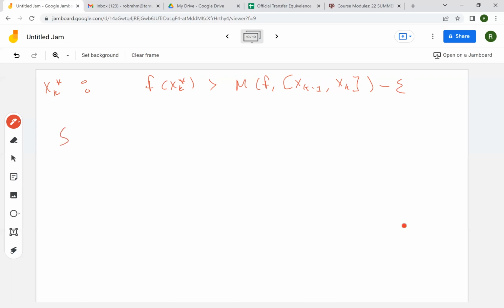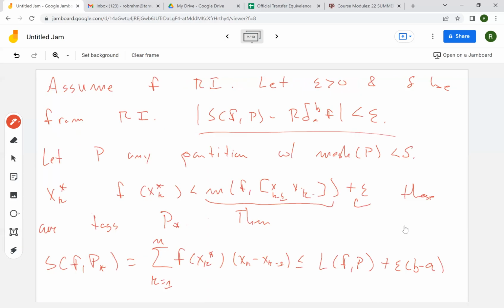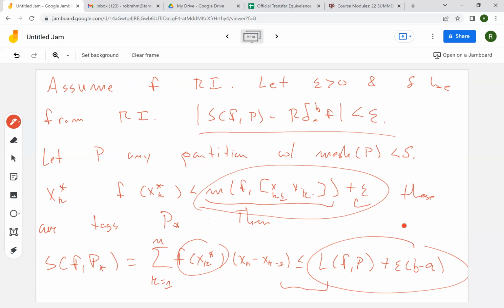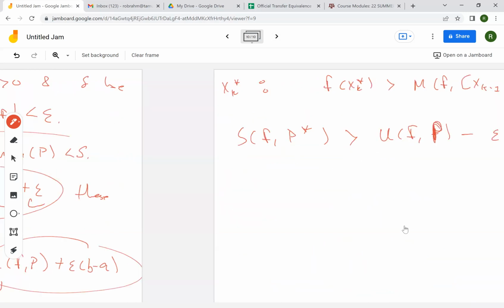Then a similar argument shows that S of f, P upper star is greater than the upper Darboux sum on that partition, U of f, P, minus epsilon times b minus a. Pause the video and think through this, specifically this inequality here. If you just replace f of x_k star with that, you should be able to figure out how to get that.